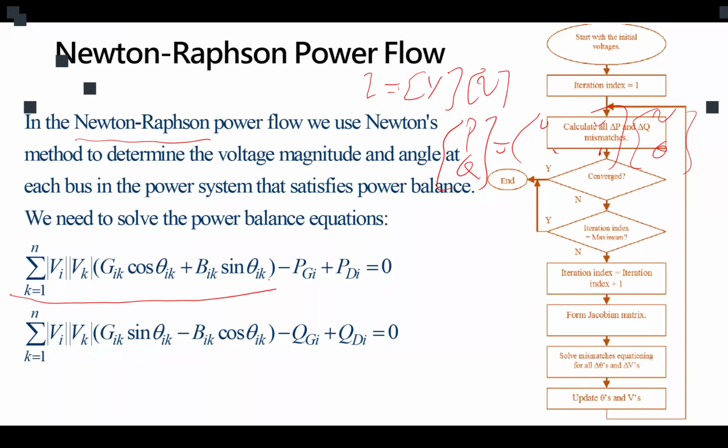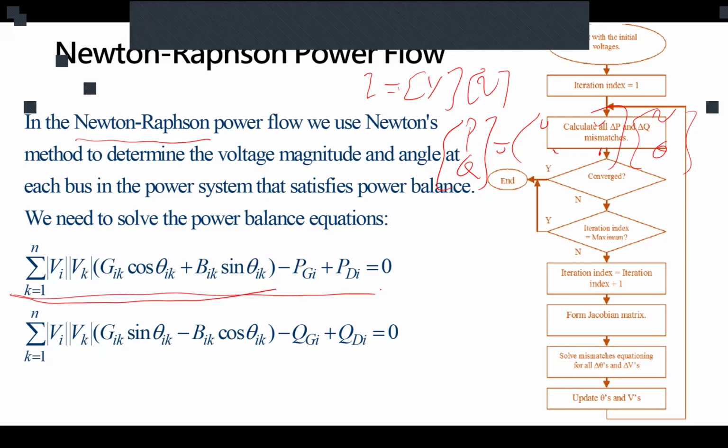Make sense? So the summation of all these should be 0.